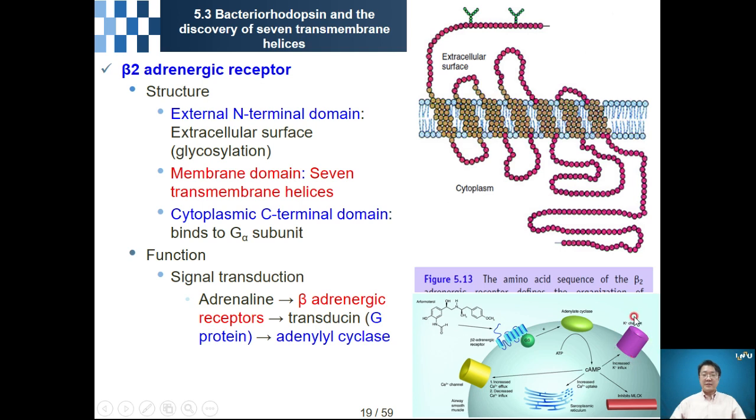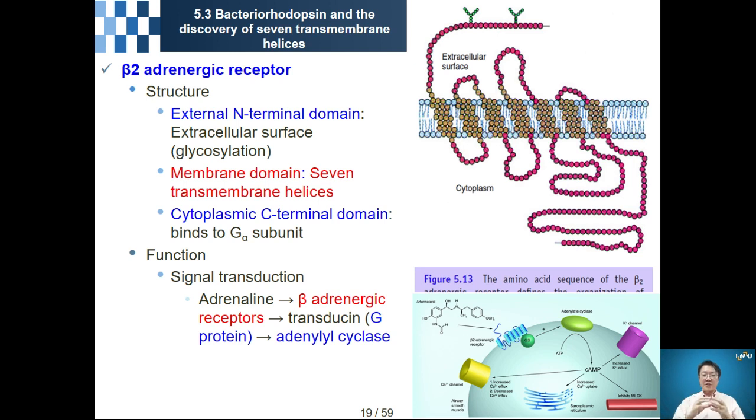I will not cover this mechanism in detail, but the important thing is that adrenaline binds to this receptor, and it transports the signal to the transducin, especially the G alpha subunit, and the G alpha subunit is activated. It will become G alpha GTP.